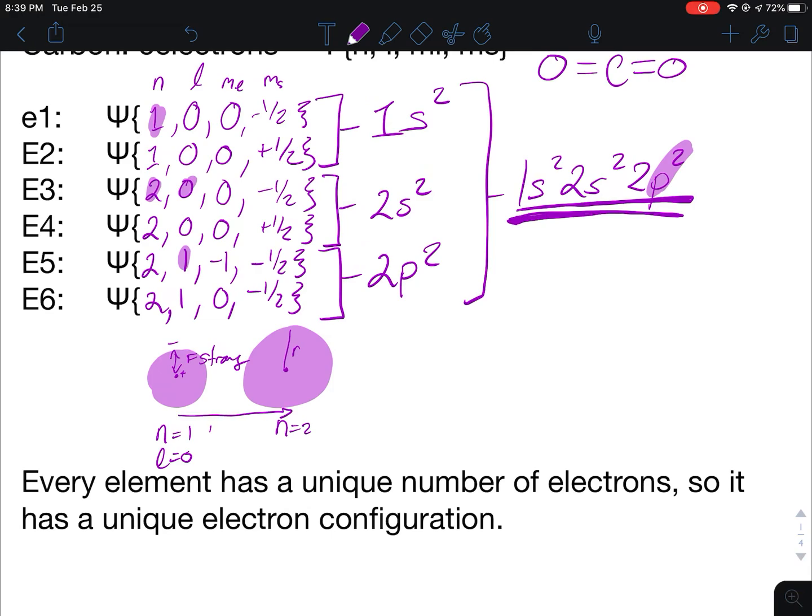So an increase in R means that the force goes down. By Coulomb's law, our force equals kQq over R squared. We've lost some force.